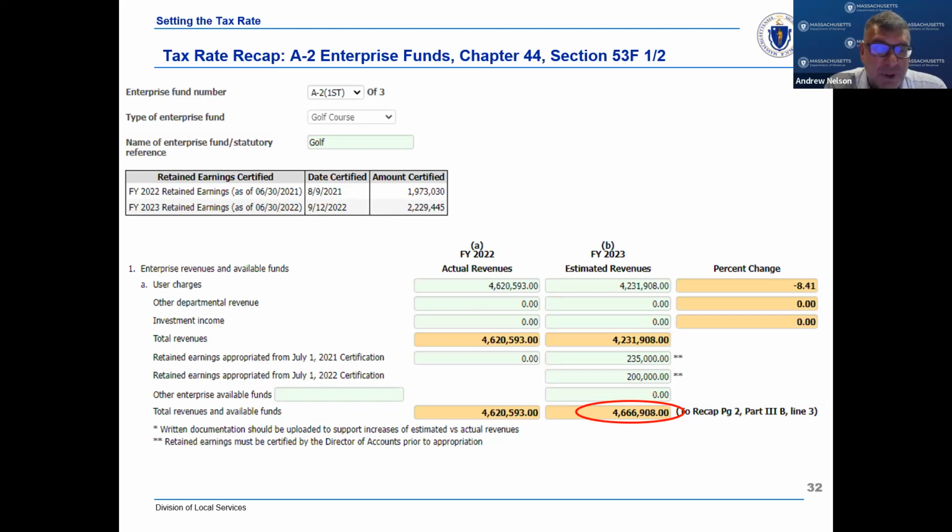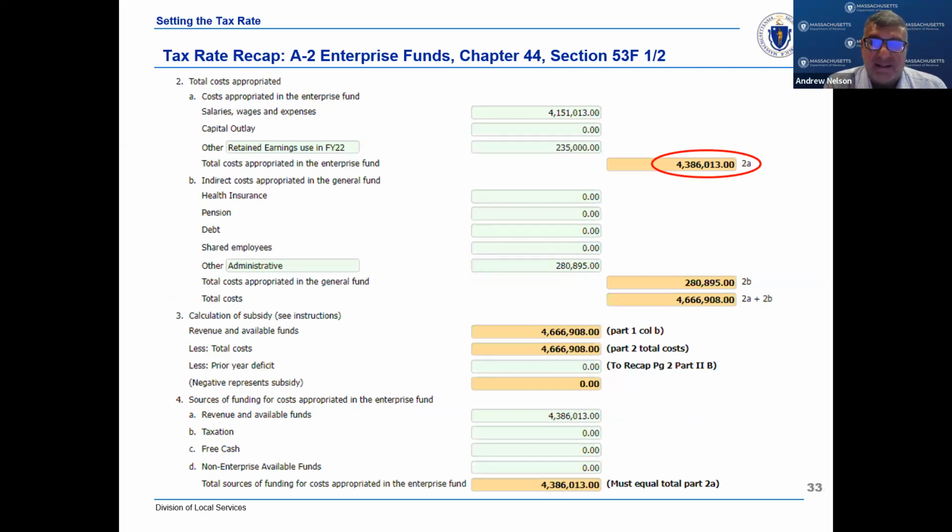They also used appropriation. They used retained earnings. They appropriated some from their prior year and some from the current year. And they have a total revenue available to them of $4.6 million. Next, Tom.